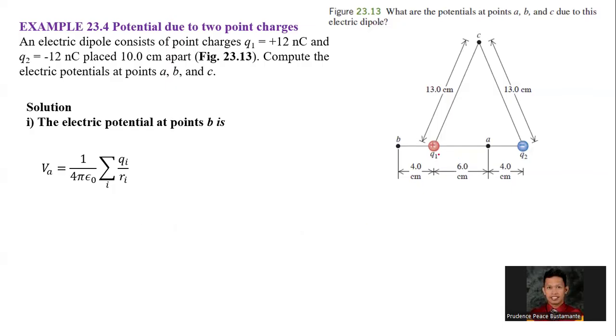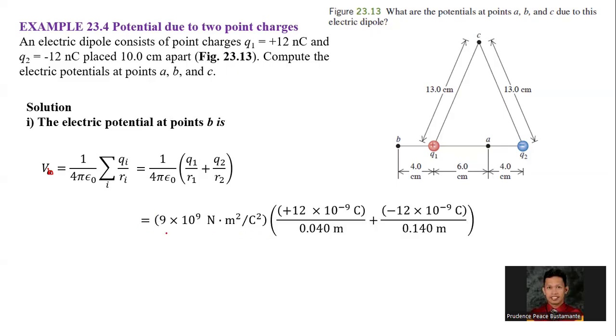Now, at point B, so point B is different from point A. Let's calculate the potential at point B. We have the same constant and the same charges, but due to Q1, at point B the distance is 0.40 meter, plus the distance of Q2 now at point B, which is 0.140 meters or 14 centimeters.